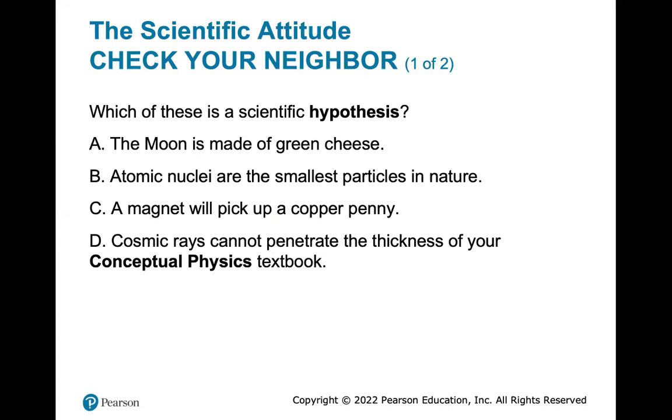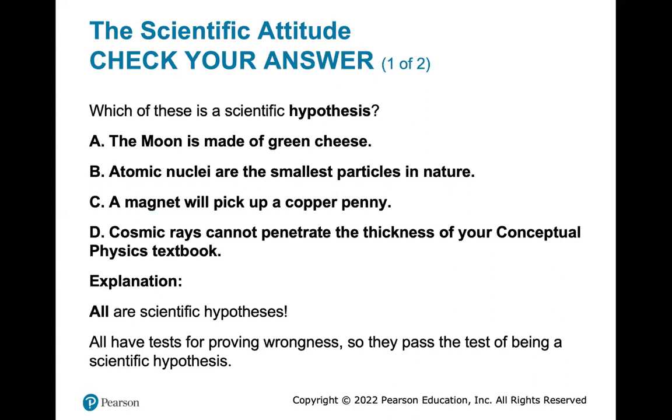So as ridiculous as A is, the moon is made of green cheese, all of these are really scientific hypotheses. The explanation here: all are scientific hypotheses, all have tests for proving wrongness. So they pass the test of being a scientific hypothesis.